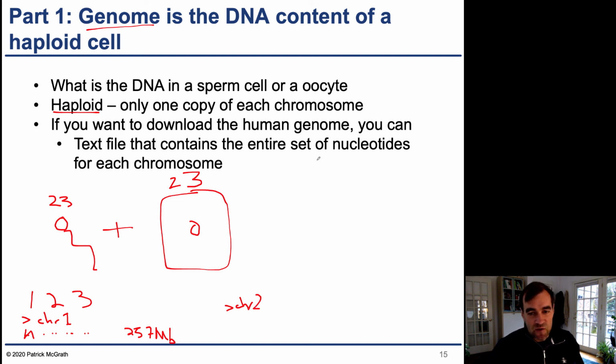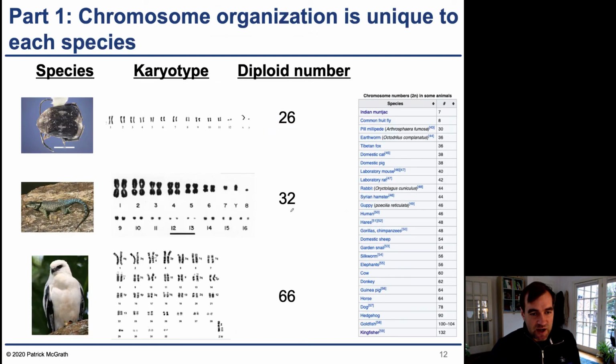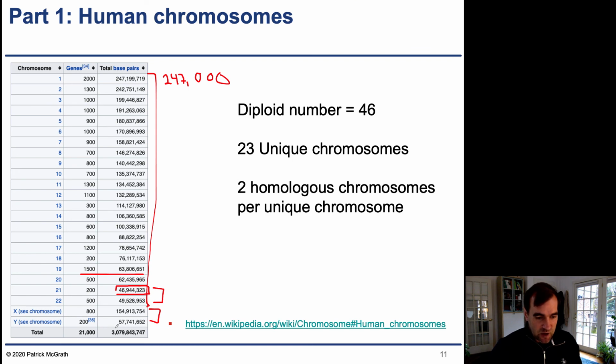So I might give you the genome size, and the genome size would just be this right here. So the human genome size is 3 gigabases. And so you can get this just by adding up all of these numbers. So if we add up all of these numbers, you would end up with a total of 3 gigabases of DNA, of unique sequence.